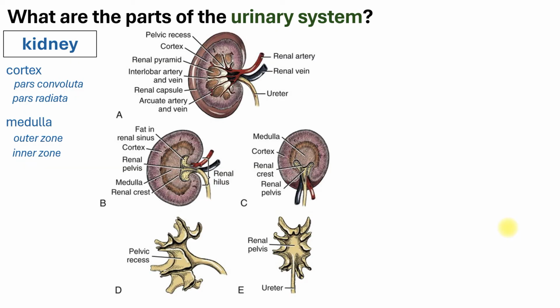Okay, so for the kidneys, here we can see that here is the cortex, and then the medulla, and then the renal pelvis, okay? And the space between the renal pelvis and the inner medullary zone is your renal crest, okay?